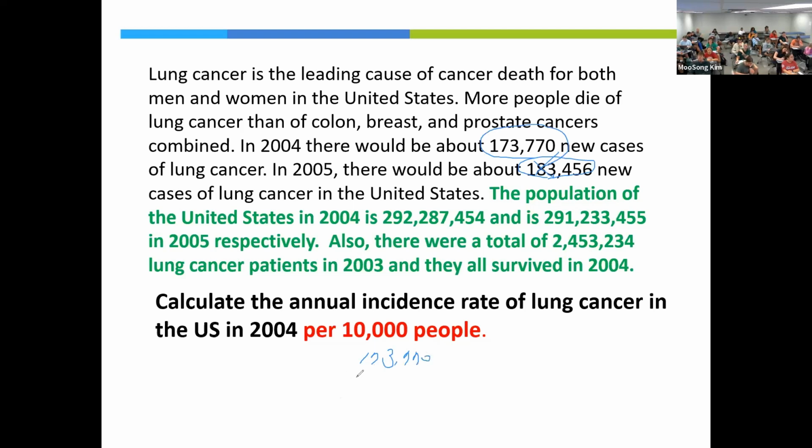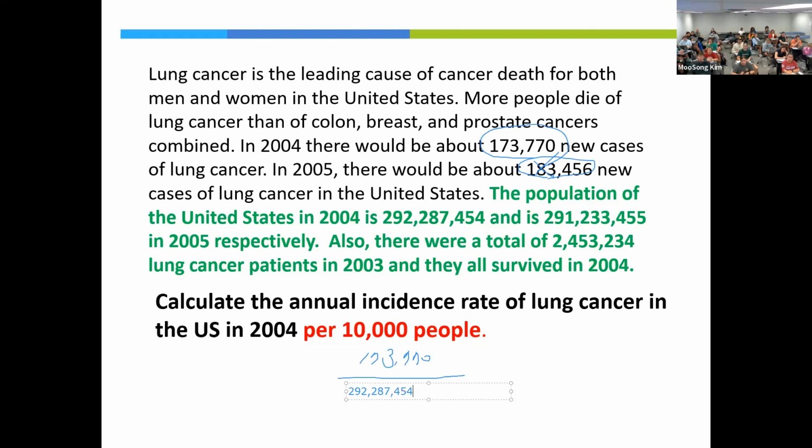Then the denominator: we need to figure out the number of people who are at risk. What is that number? The total population of the United States in 2004 is given, but is that the number at risk? No. What do we need to do more?